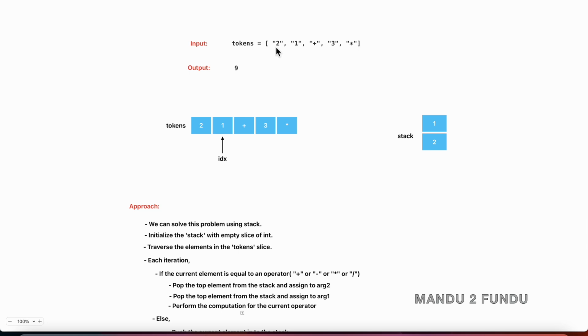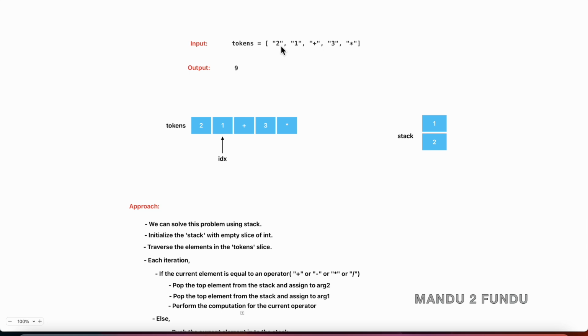When we traverse the elements, whenever we see a token which is not equal to the operators plus, minus, slash, star, then we convert that string into an integer and push that number into the stack. And whenever we see an operator, we have to pop the most recent two elements out of the stack and perform the corresponding operation.